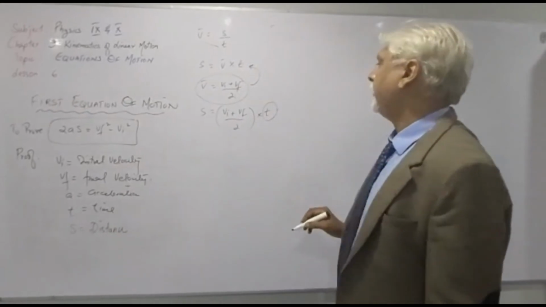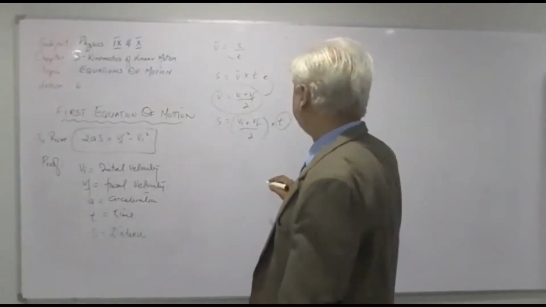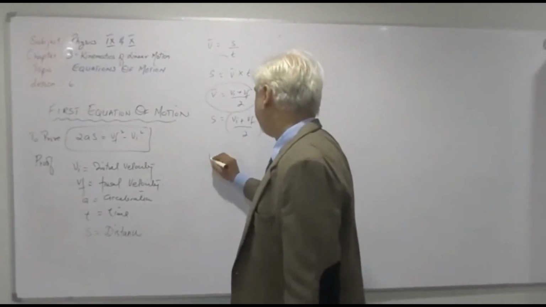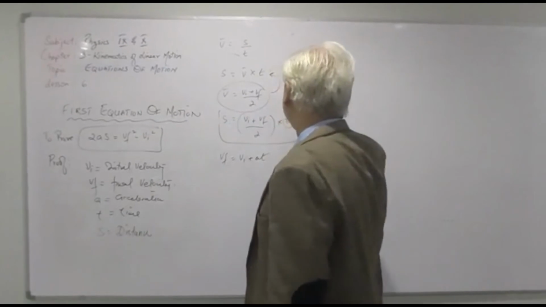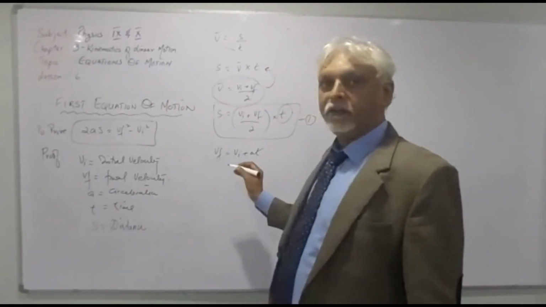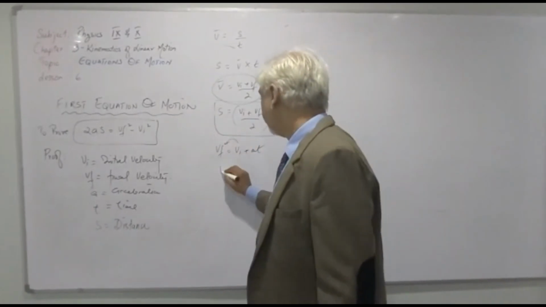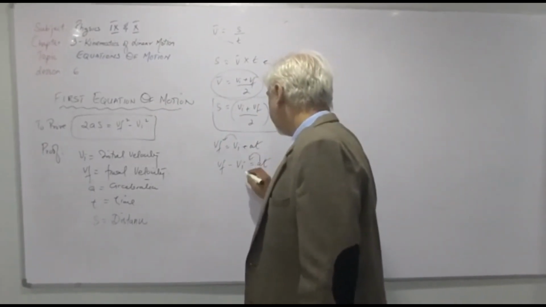Okay. So what do I do now? I know that according to the first equation of motion, which I just proved, vf is equals to vi plus at. Let me call this equation 1, and from here I'll get the value of time. I'll get vf minus vi is equals to at. Move acceleration on the other side.